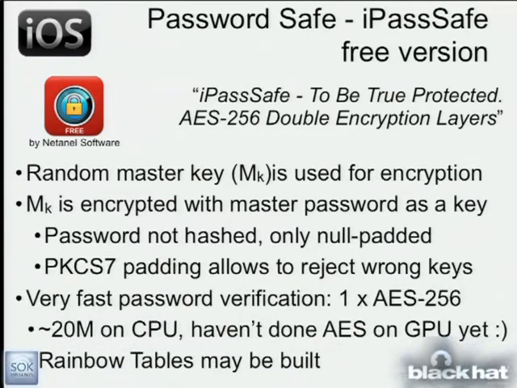There is a string for validation, an encrypted string present inside the database, but actually this application uses PKCS7 padding again. So after decrypting the key, you should have the last block completely filled with the value 16, because AES uses a block size of 16 bytes and the key is 32 bytes.